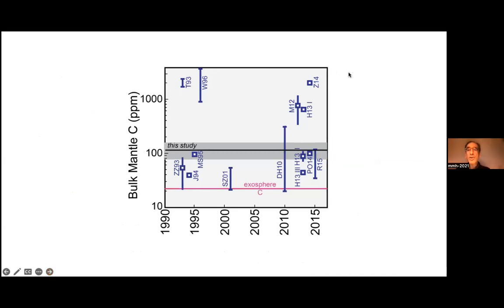Okay, so within that 2 order of magnitude variation, my number of about 120 parts per million carbon hopefully is a little bit better posed than some of the previous ones. Most of those, by the way, come from rare gas analyses, carbon-helium, carbon-argon, and so forth.